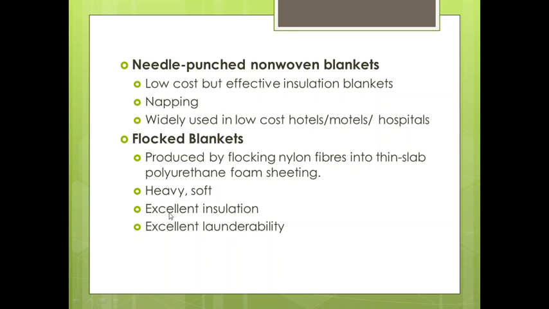It also provides excellent insulation because the air retention capacity is much more in this kind of blanket. And since nylon and polyurethane are not much affected by water, excellent launderability is another characteristic of the flocked blanket.